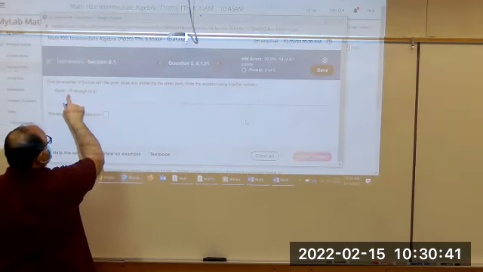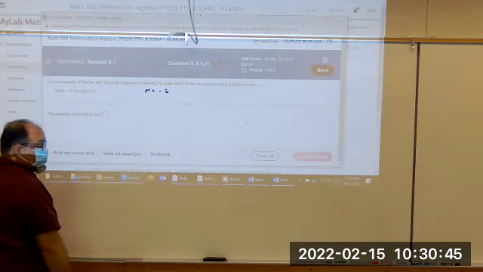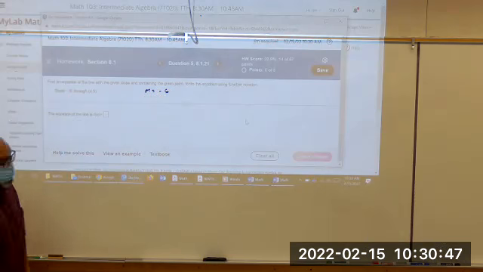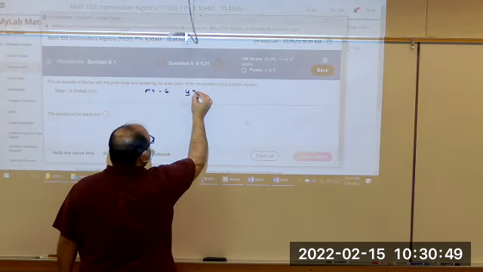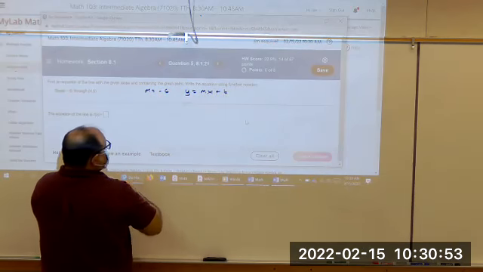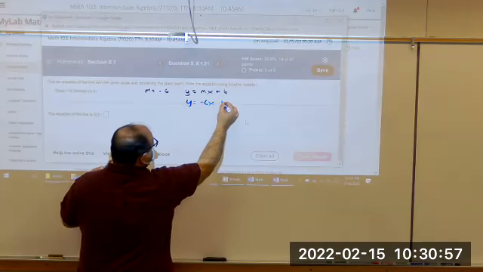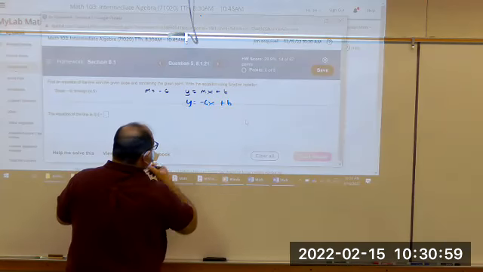Step 1, find the slope. There it is. My slope is -6. Special case, nope. So we're going to write down y equals mx plus b. We plug in the slope: y equals -6x. And then we still have to figure out b.